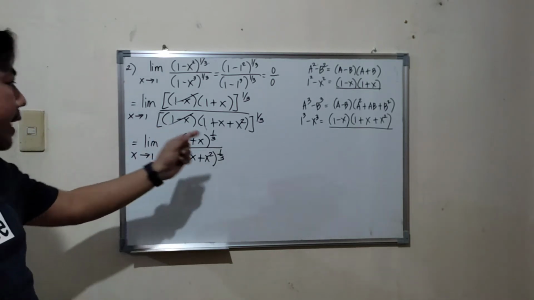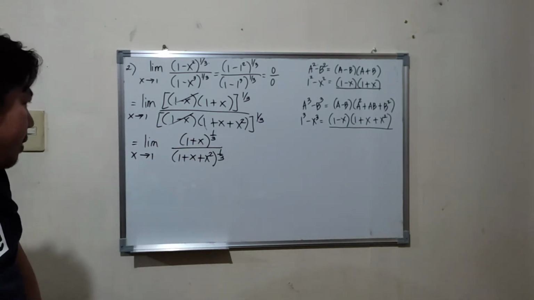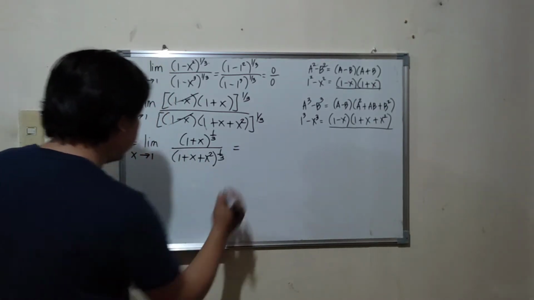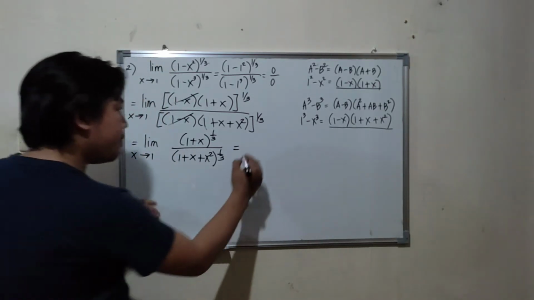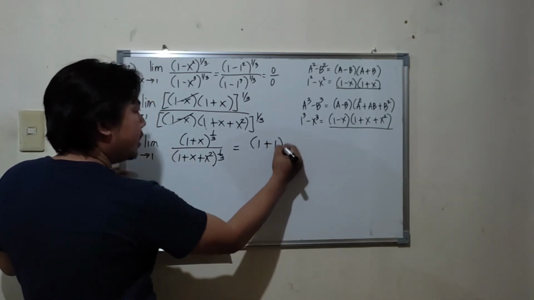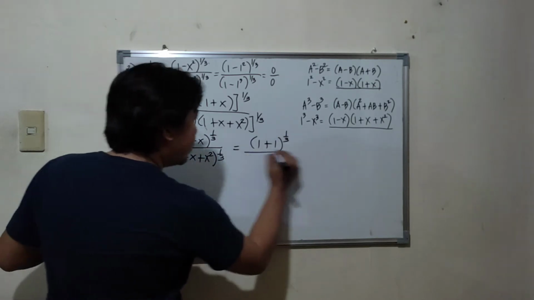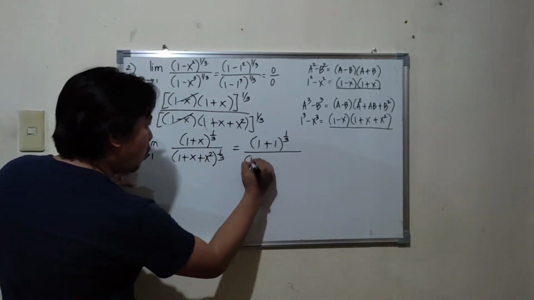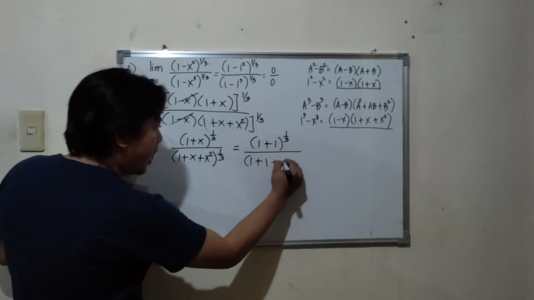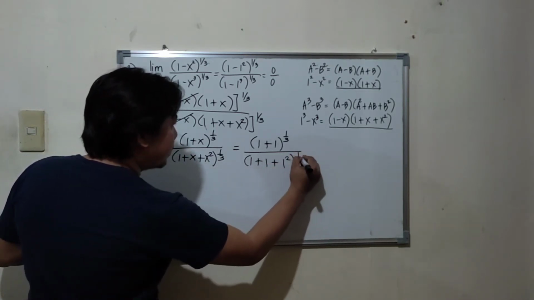So we can now apply the limit. To apply the limit, just substitute 1 for every x. So we have (1 plus 1) raised to 1/3 over (1 plus 1 plus 1 squared) raised to 1/3.